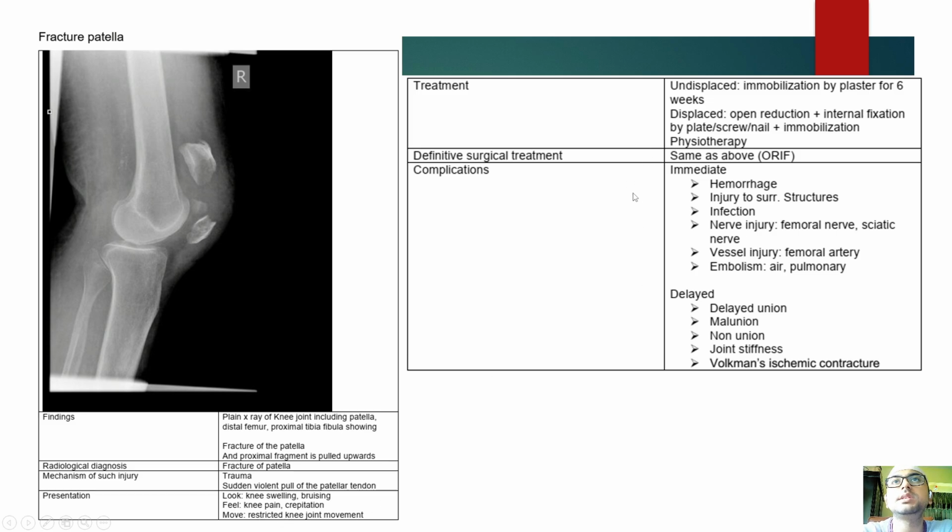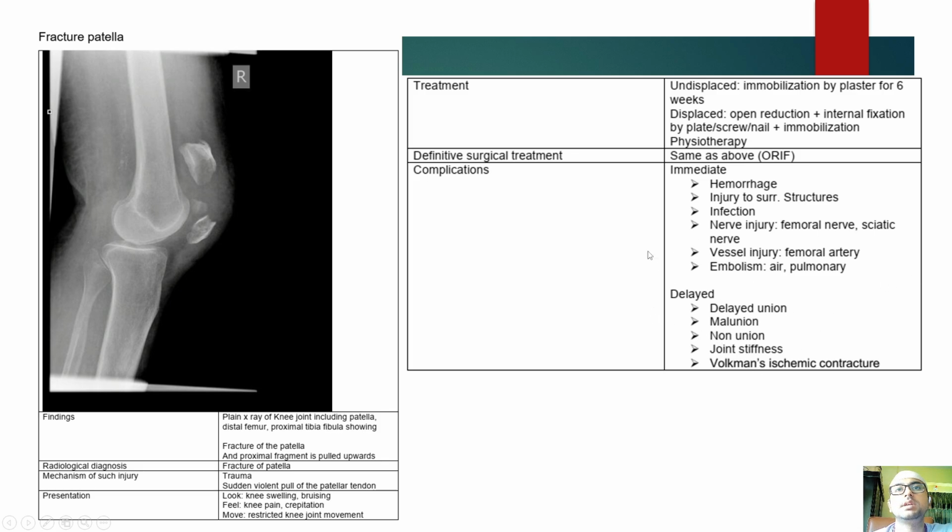Treatment: if undisplaced, immobilization by plaster for 6 weeks, and if displaced, open reduction internal fixation by plate, screw, nail, and plaster immobilization and physiotherapy. Complications of definitive surgical treatment are hemorrhage, injury to the surrounding structures, infection, nerve injury, vessel injury, immobilization, delayed union, malunion, non-union.